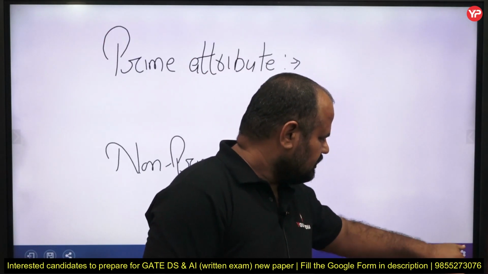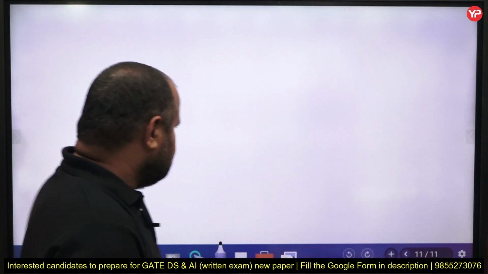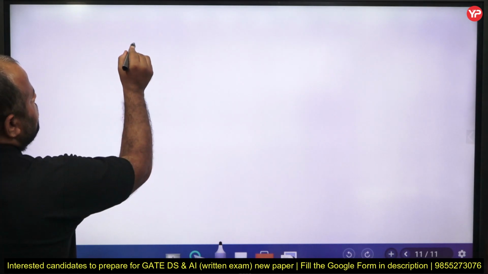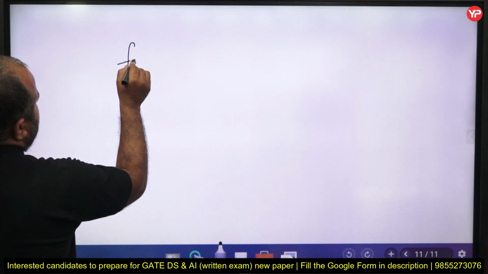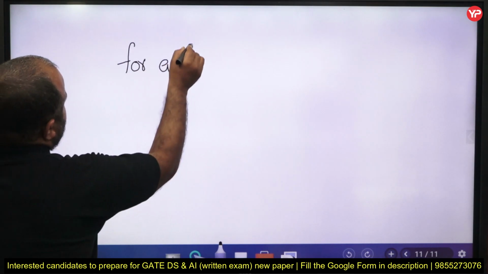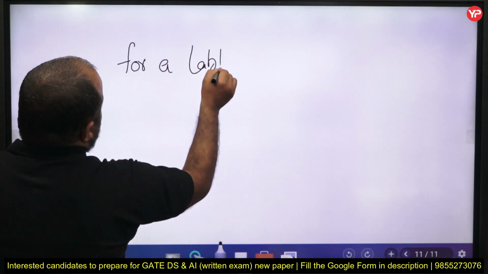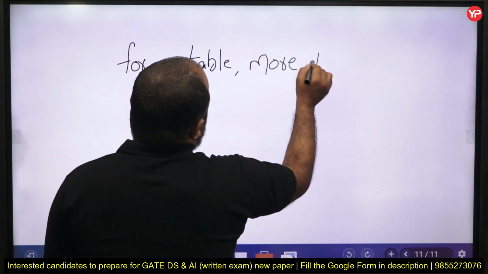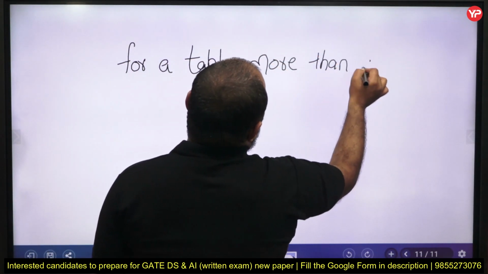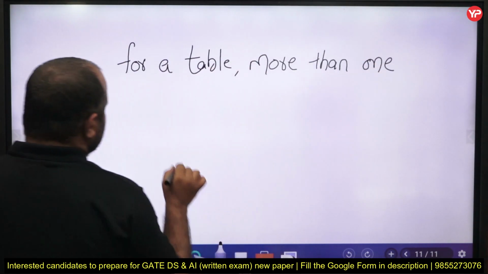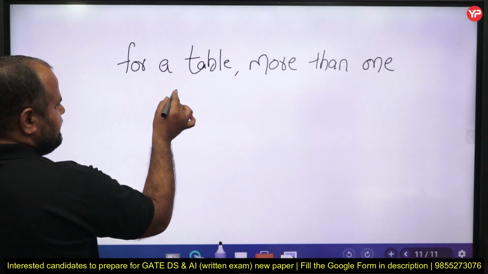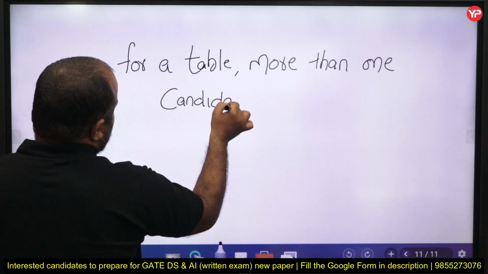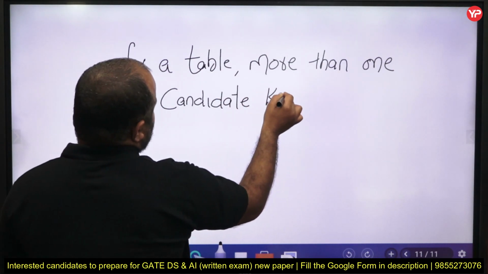Fine. Now my dear students, with the help of this previous example, I get to know that for a table more than one key, or I can say candidate key, more than one candidate key is possible.